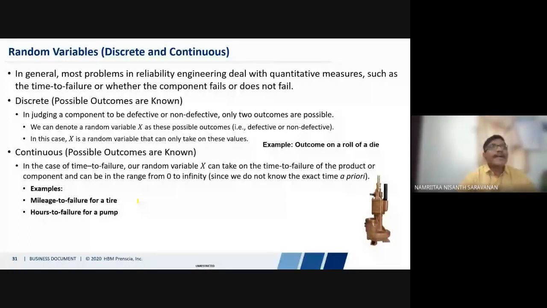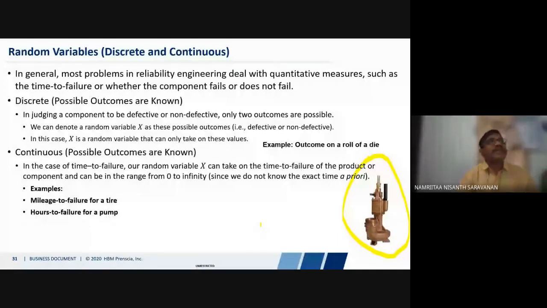So these are all the kind of information in continuous data. In another way, if you have a pump in your home, or a pump in the industry, you can find out the time to failure of the pump, depending upon at what time this pump was installed and at what time this pump failed. This is called hours to failure for continuous data.